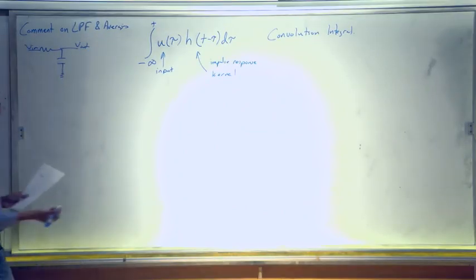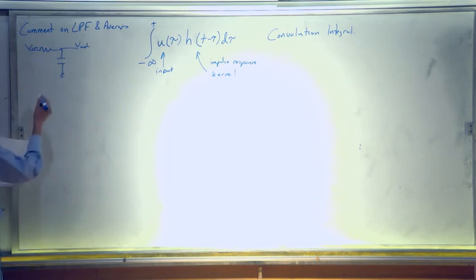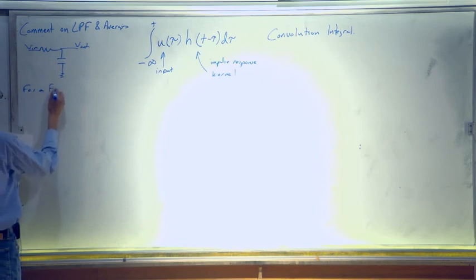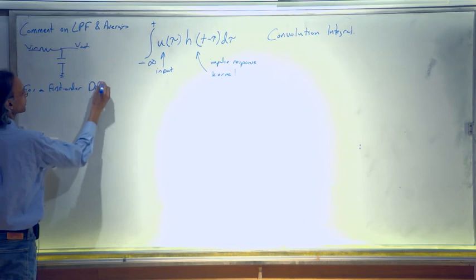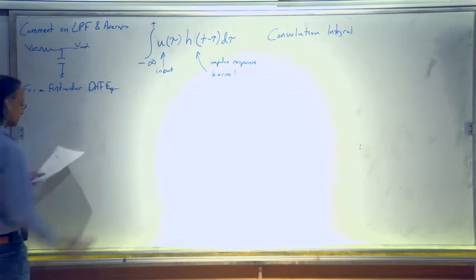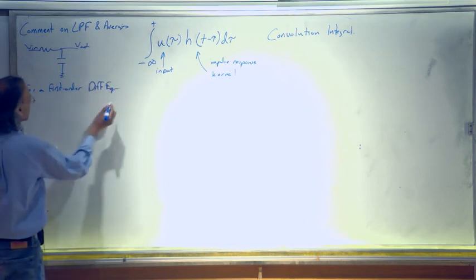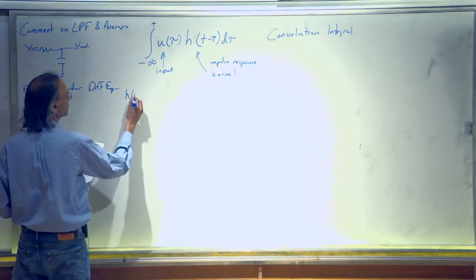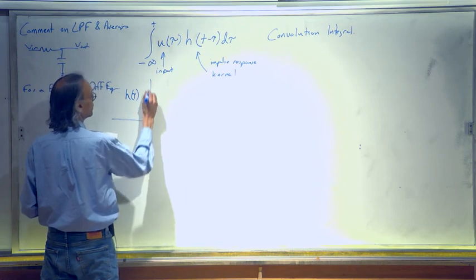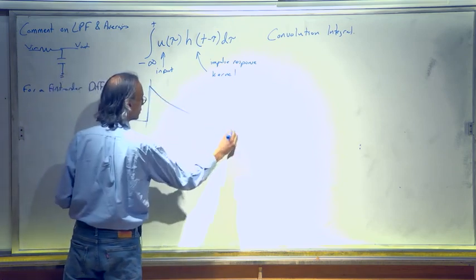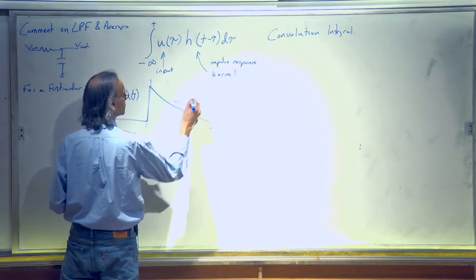For these kinds of systems, for those who remember, for a first order differential equation, the h of tau looks like this. Exponential.